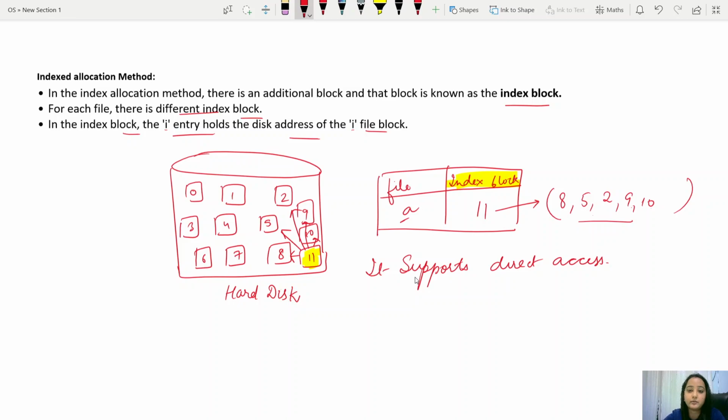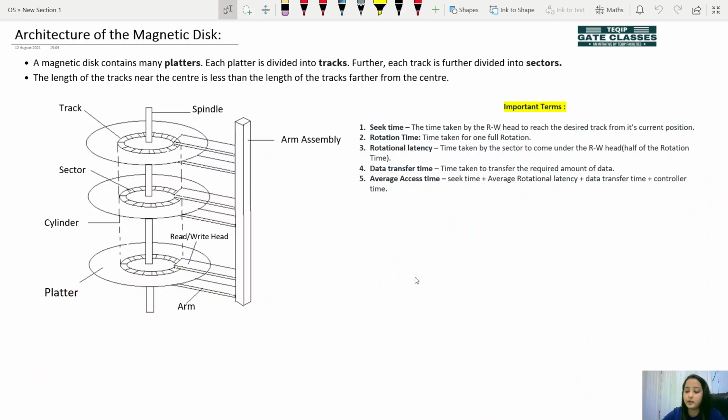Next we have the architecture of the magnetic disk. This is the magnetic disk. Okay, so a magnetic disk has many platters, and each platter is divided into tracks.